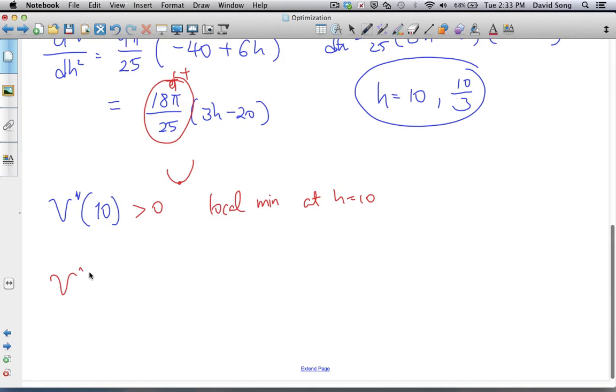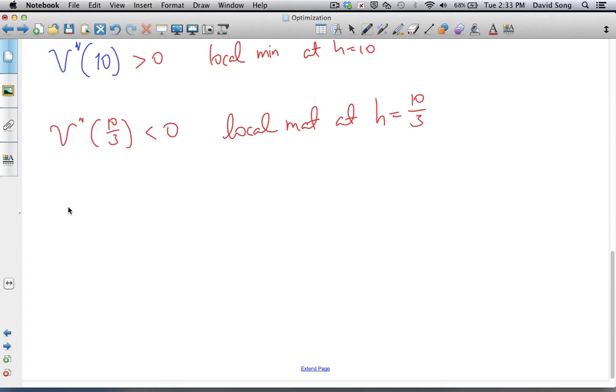And second derivative of v at 10 over 3. Okay, if you plug in 10 over 3, that's going to be 30 over 3, which is 10. 10 minus 20 is negative, so a local max at h equals 10 over 3. Alright, so max volume happens, the maximum volume, when h is 10 over 3 centimeters.